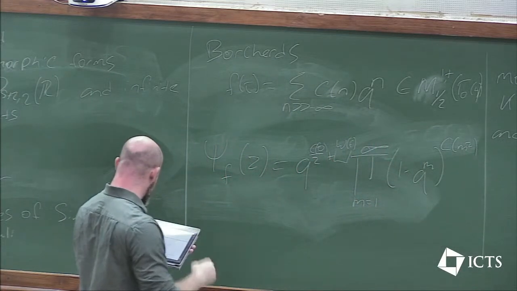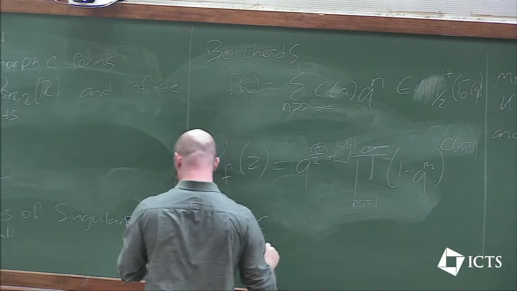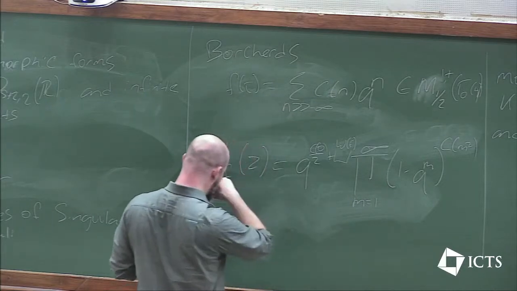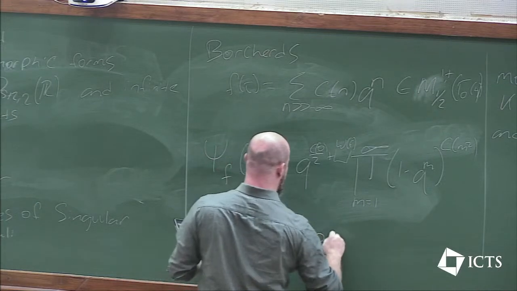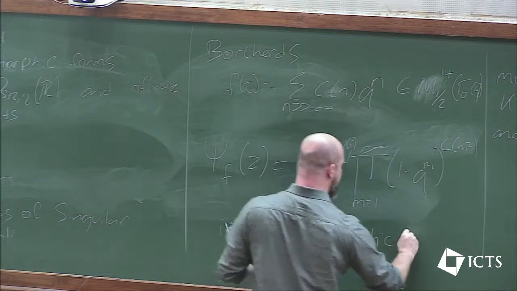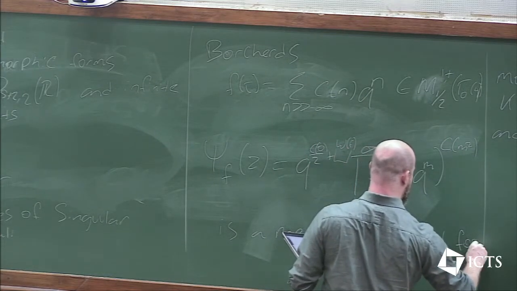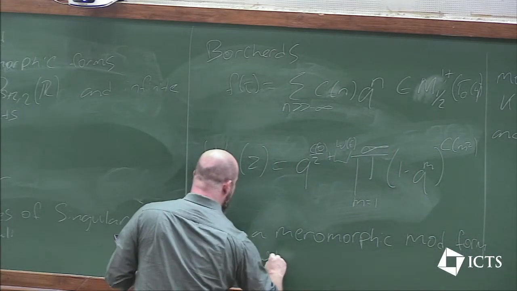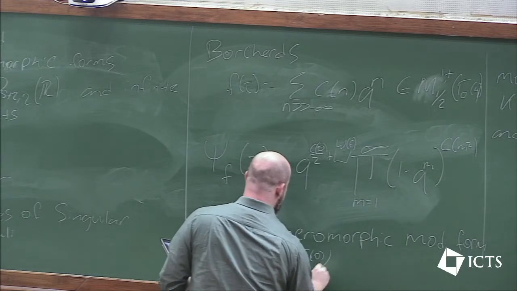And the result is that this is a meromorphic modular form. I guess we don't have notation for a space there. A meromorphic modular form of weight c of 0 over 2.